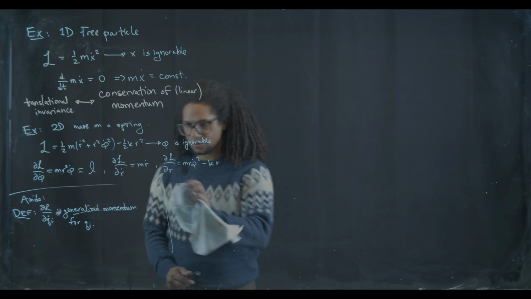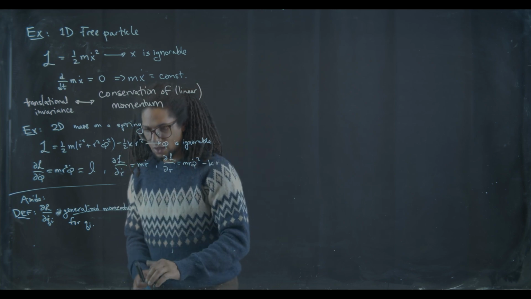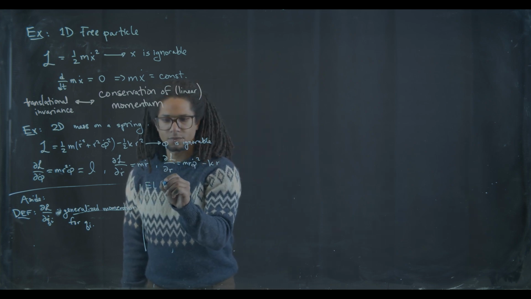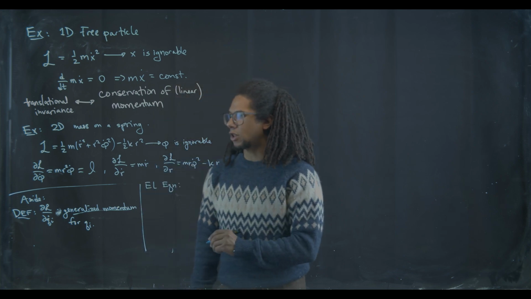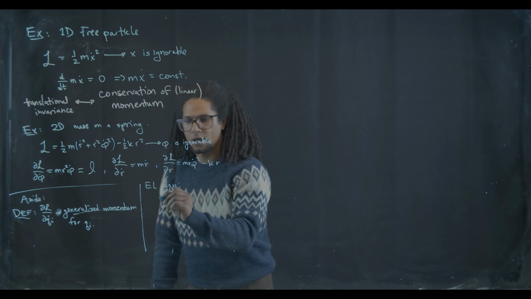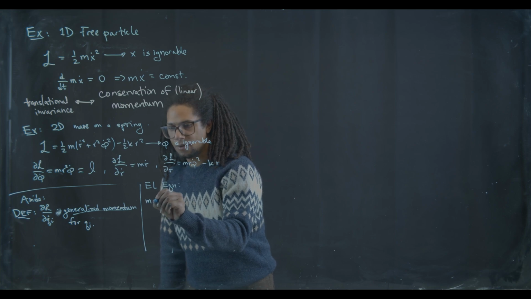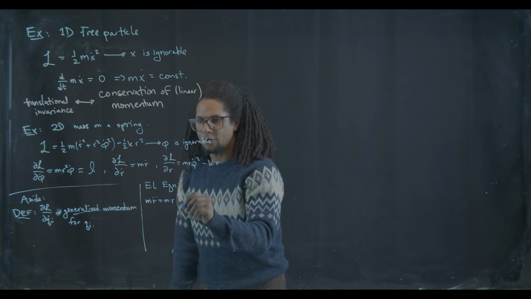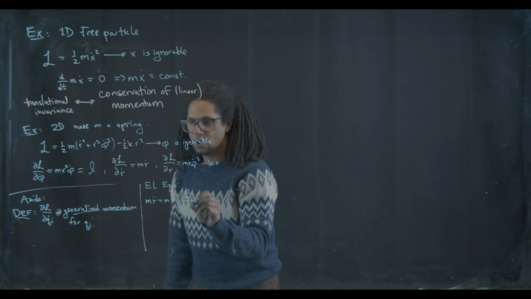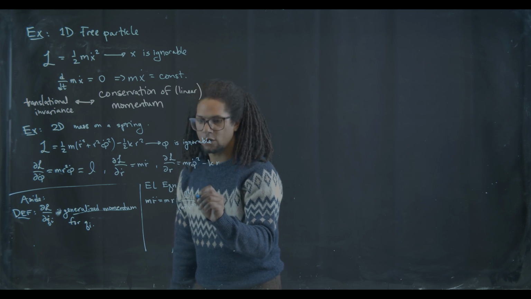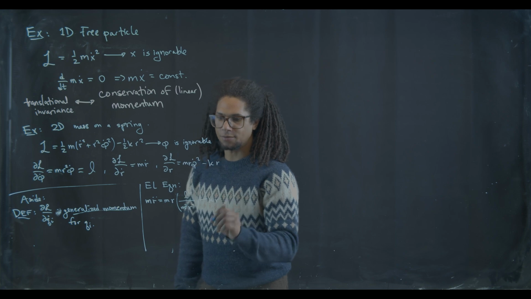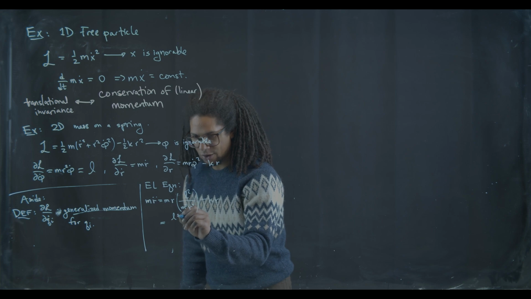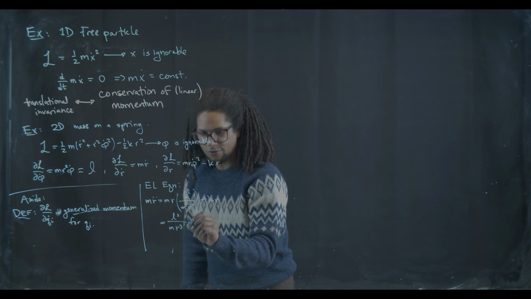So I get the following Euler-Lagrange equation. I get m r double dot is equal to m r times phi dot squared, which is L squared over m squared r to the fourth, minus k r. Okay. Now canceling everything out on the right-hand side, I get the following.